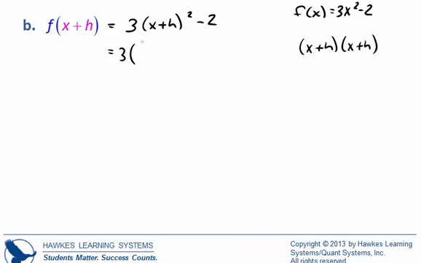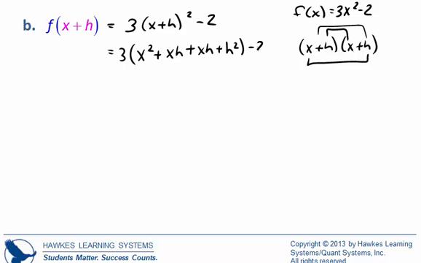So first times first is x squared. Outside will be xh. Inside will be xh. And last will be h squared. We can now combine those middle terms.